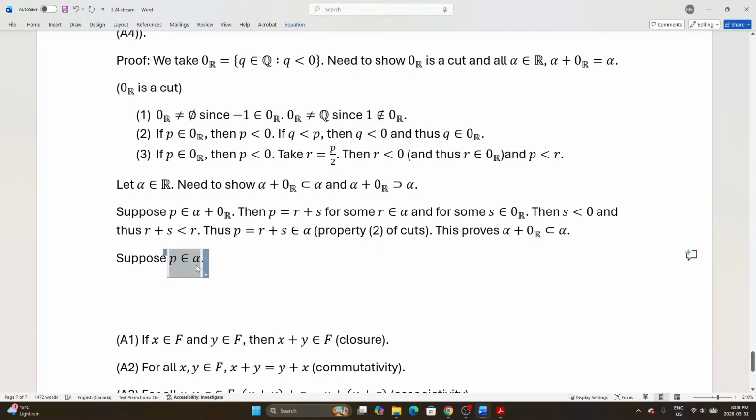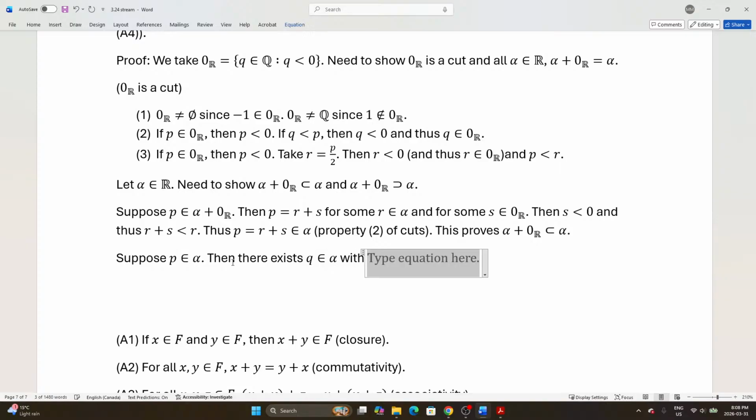If P is in alpha, then there must exist something in alpha greater than P, because alpha has no greatest element. Let's call it Q. So there exists a Q in alpha with P less than Q. This is property 3 of cuts, no greatest element.